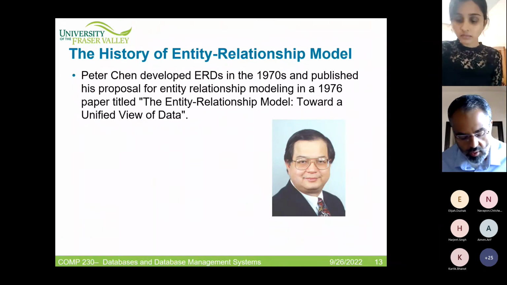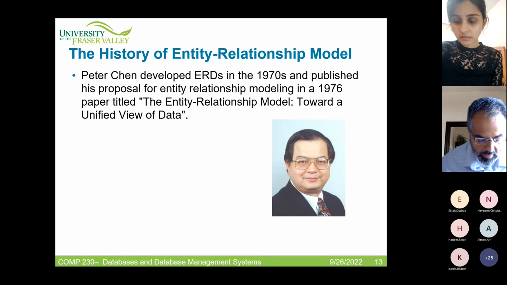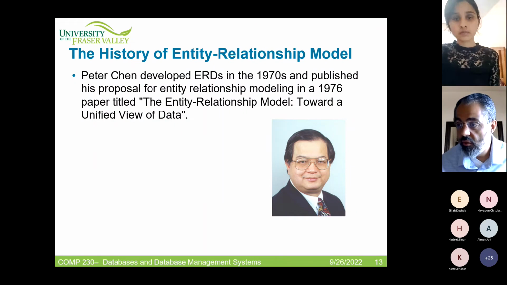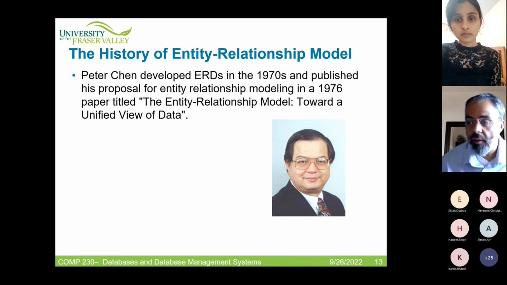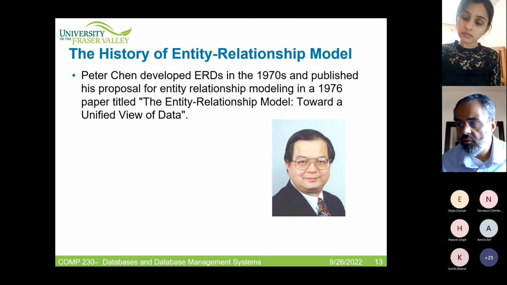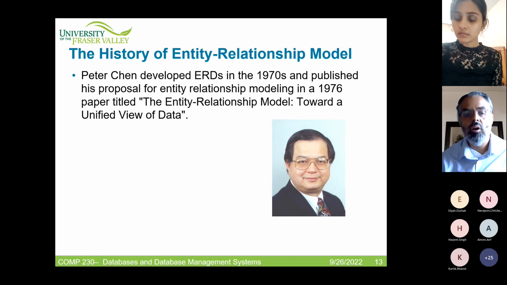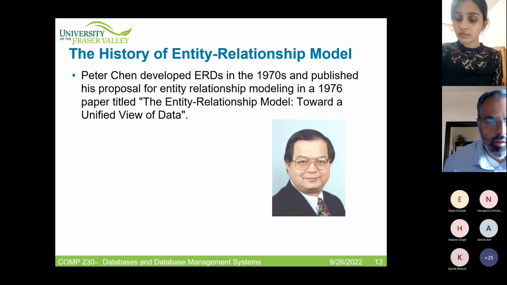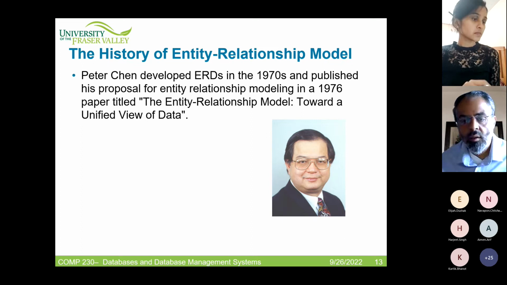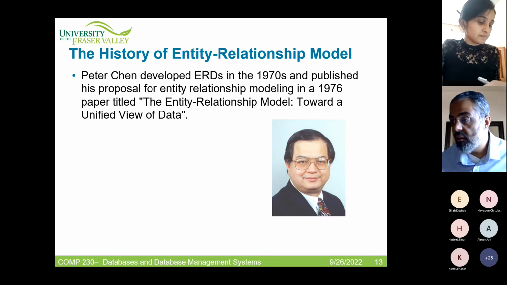The ER entity relationship model. Like always, I like that we know about the people who have helped us, who proposed this to us, who really had an impact in our domain. This person's name is Peter Chen. In the 1970s, he started his work and he proposed his final version in 1976, which he named at that time the entity relationship model, or a unified view of data.